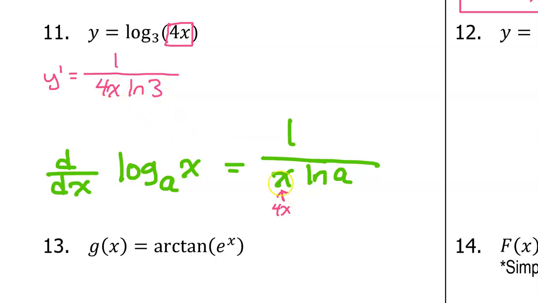But because this was not just a plain x, it was 4x, I need to now multiply by the derivative of this inner function. And the derivative of 4x is just 4. Instead of putting this off to the side, I'm going to put the 4 in the numerator, like this. And now it's clear that these 4's will cancel each other out. So this is going to leave me with y prime equals 1 over x ln 3. And that's the final answer.